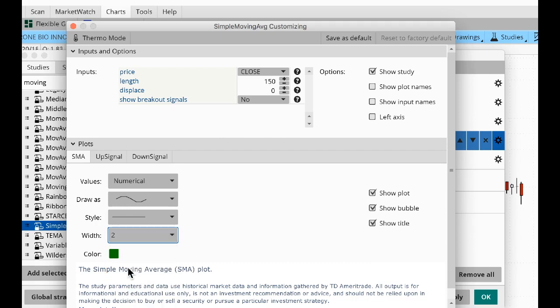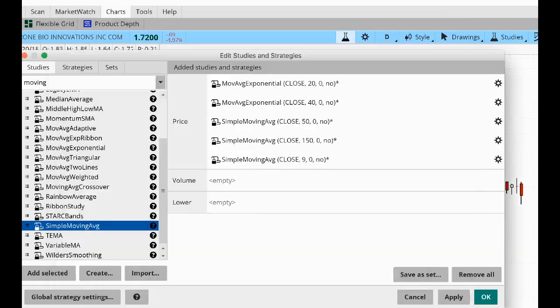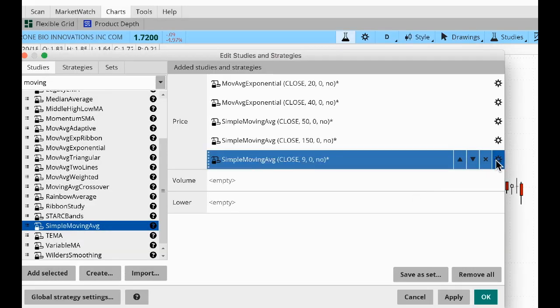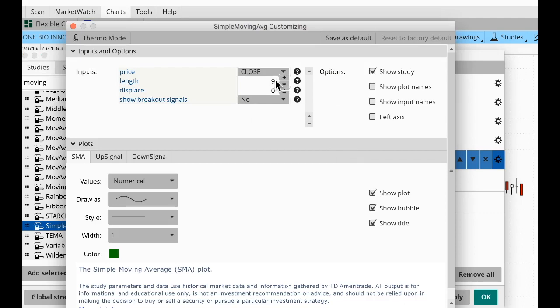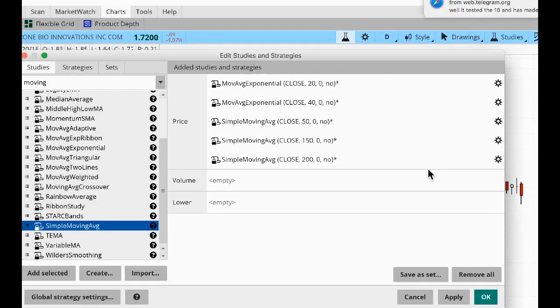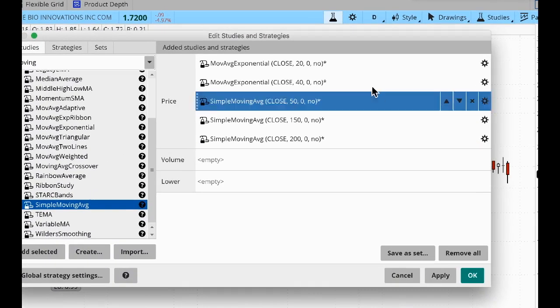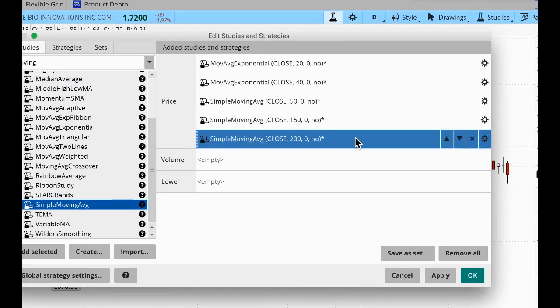Green, thick line, and finally the 200 moving average, which is the red thick line. Okay, so I put in all my moving averages, 20, 40, 50, 150, 200.